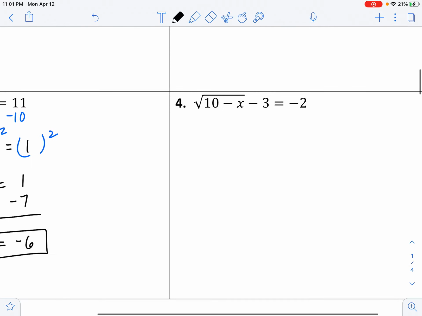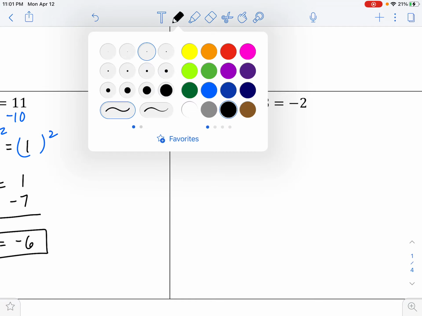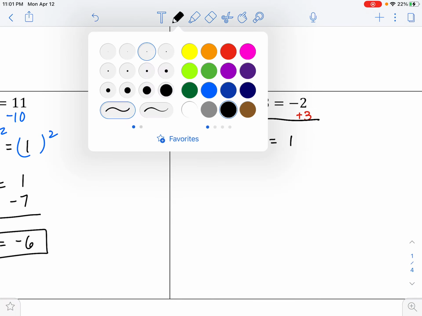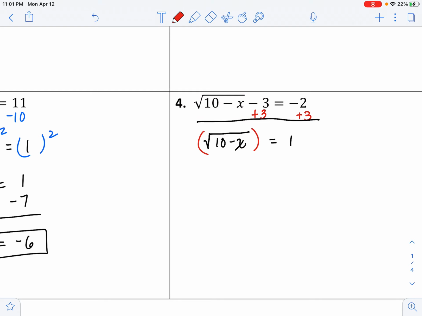Number 4, to get the radical square root of 10 minus x by itself, we're going to have to add 3 to both sides of the equation. If we add 3 to both sides of our equation, we will isolate the radical. We'll have square root of 10 minus x equals 1. Now that we have our radical isolated, we're going to undo it by squaring both sides.